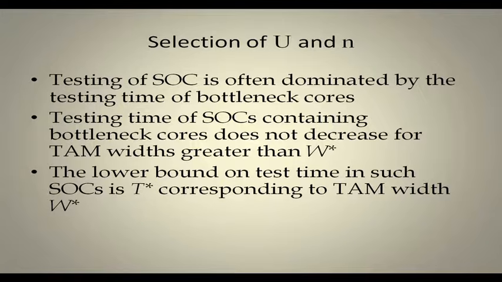Even if you assign more TAM width to the SOC, it does not improve, because that bottleneck core stops the improvement in test time. The lower bound on test time in such SOCs is T star, corresponding to the TAM width W star. So, we cannot reduce the test time beyond this T star value.